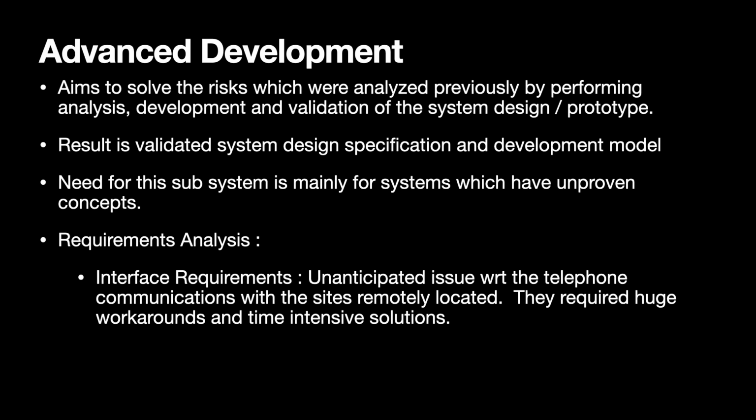The government and the contractors did not anticipate the issue with the relatively small telephone companies on the west coast of the United States establishing unique requirements procedures that influenced the efforts to determine communication links among the remote stations and the master control and test facilities. And thus, the solution to this was huge workarounds and time intensive solutions.